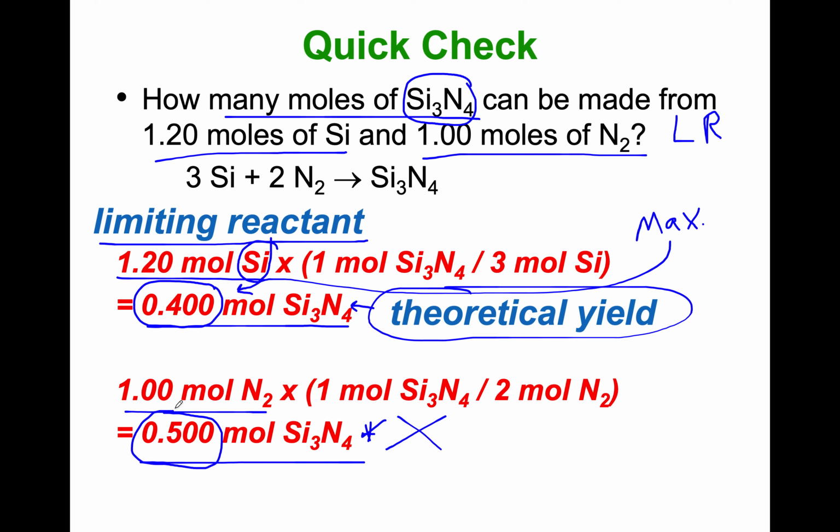But if you heard me earlier, I said the reason we chose 0.400 is because it is less. I think that's confusing. So really important, work on the terminology. What is the limiting reactant? It's got to be one of these on the left side. Remember, those are the reactants. And whichever the limiting reactant, then you can do the calculation to get to your theoretical yield.